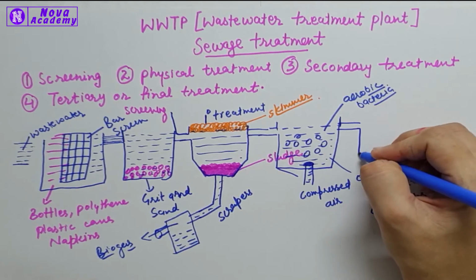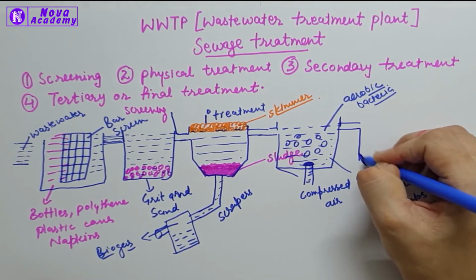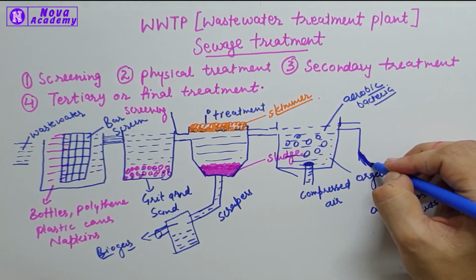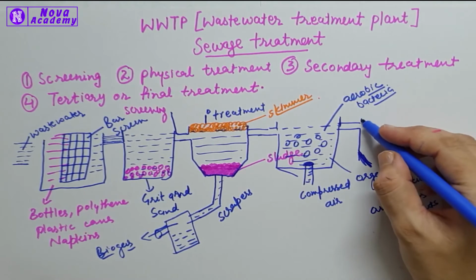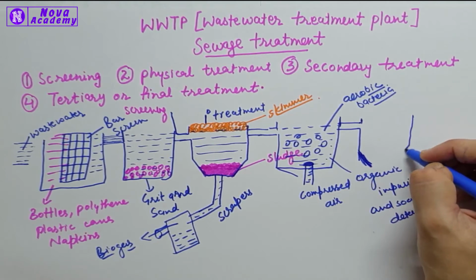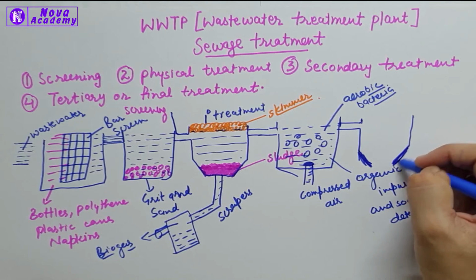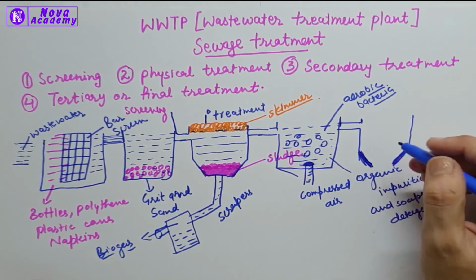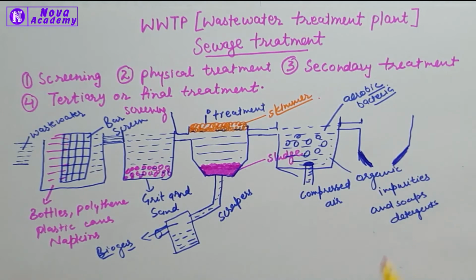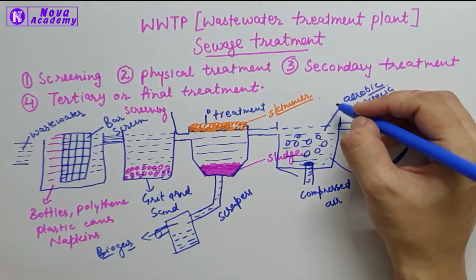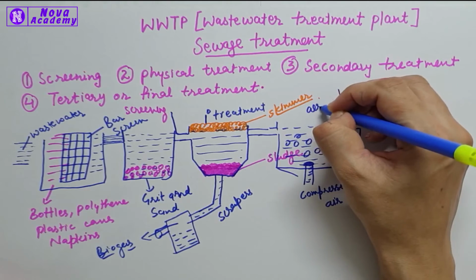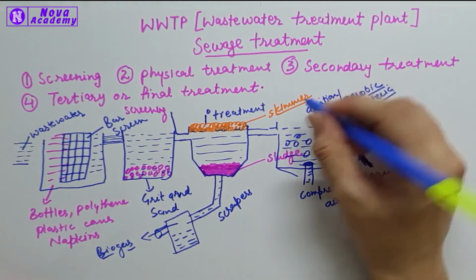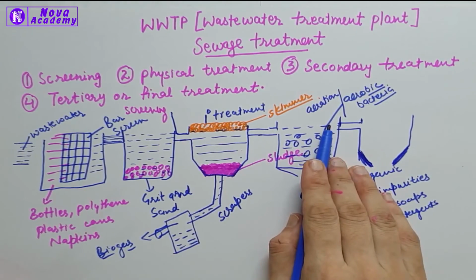When they decompose the organic impurities as well as soaps, then we send that water into the next chamber, which is also sloped like in primary treatment. Up to aeration, it is primary treatment.